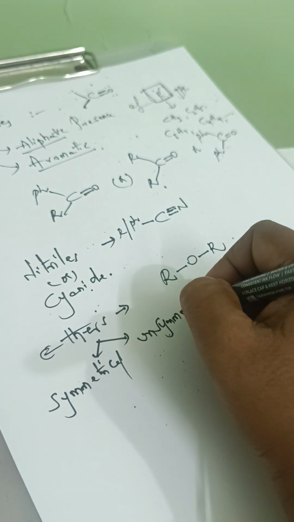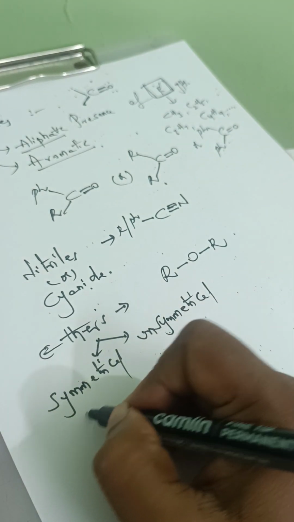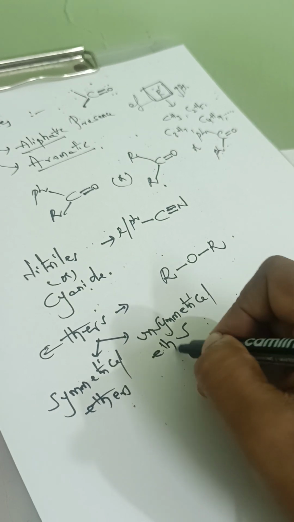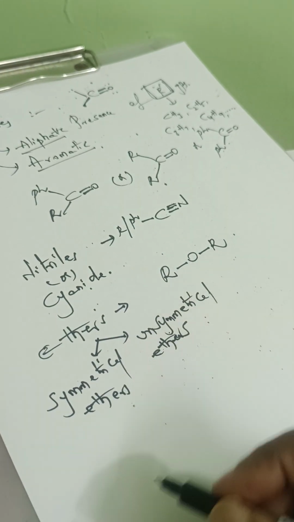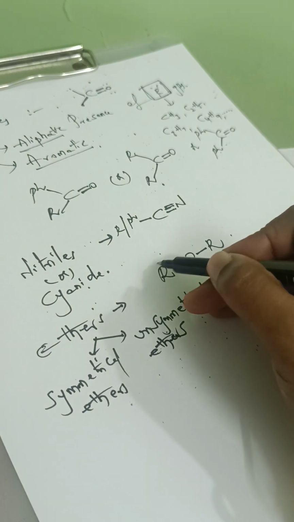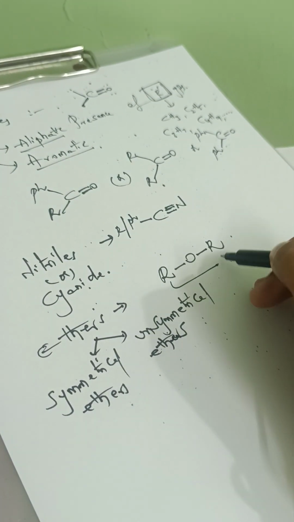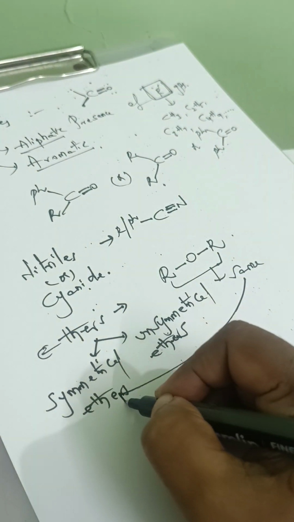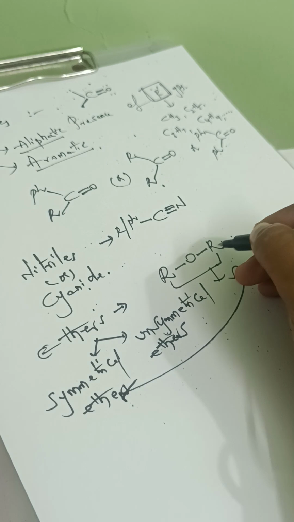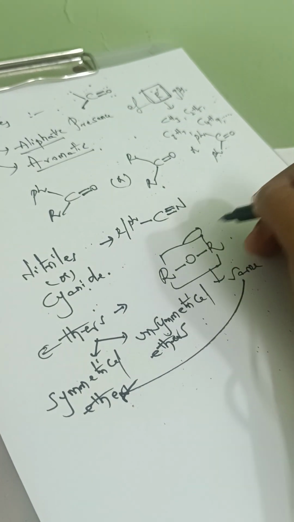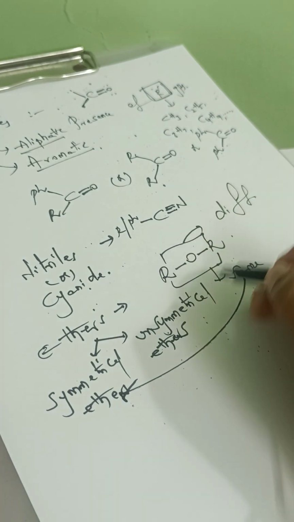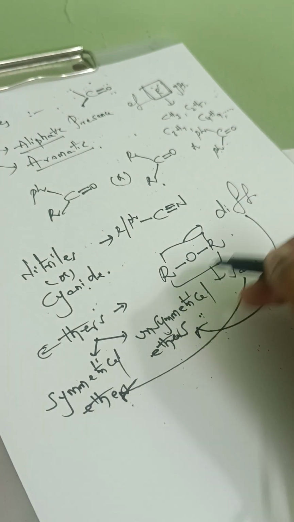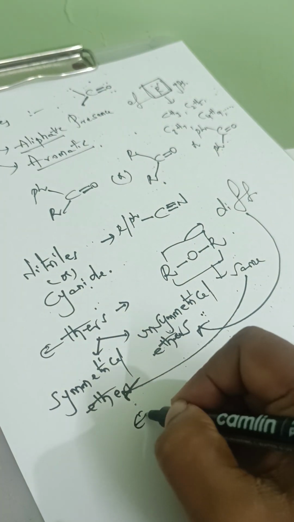Symmetrical ethers are those where both the alkyl groups are the same. When both the alkyl groups are different, it will be considered as unsymmetrical ethers.